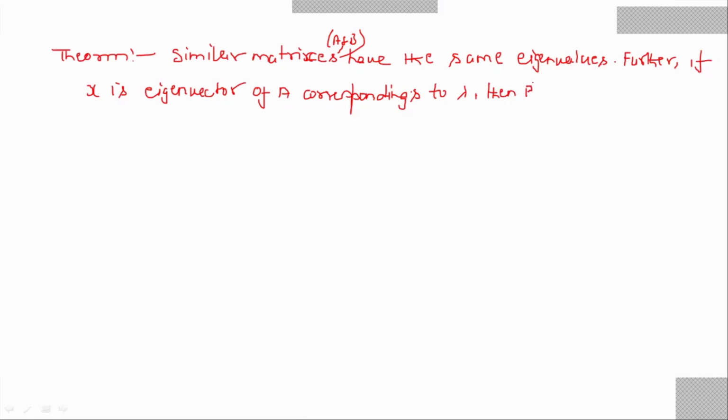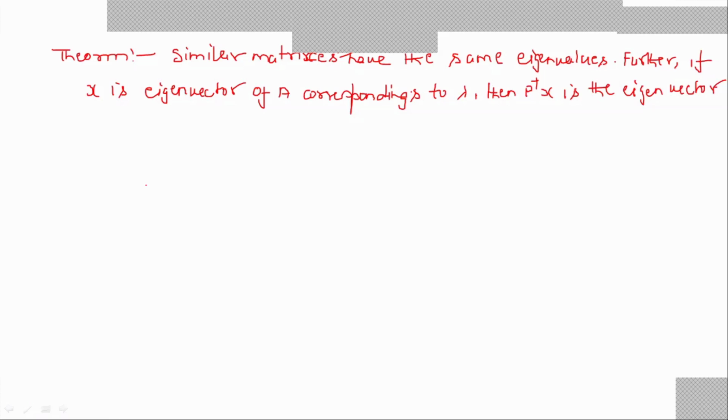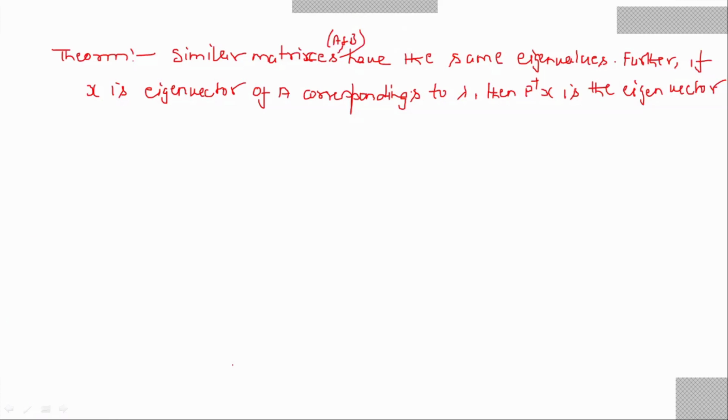Then P inverse X is the eigenvector of B corresponding to the eigenvalue lambda. Got it?